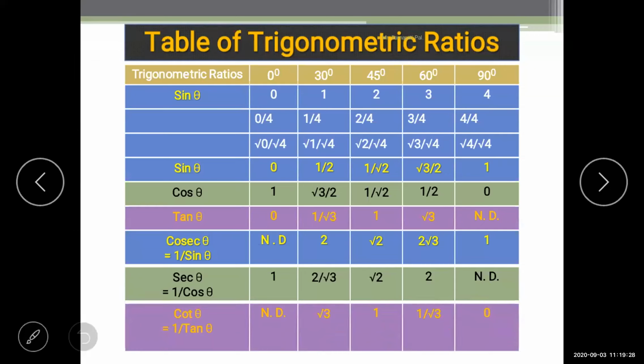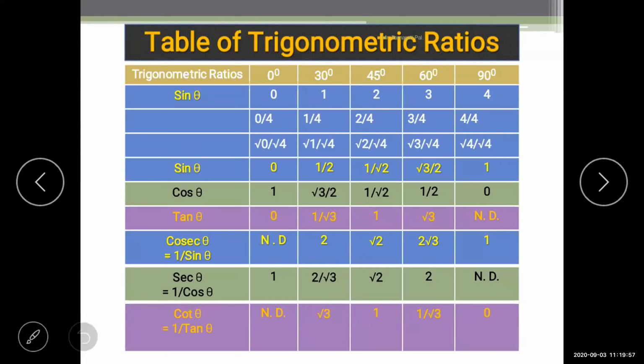So you are ready? First, reverse the tan. First of all, tan 0 degree means what? 0. That means 0 upon 1 is 0. And when you reverse 0 upon 1, it will become 1 upon 0. So 1 upon 0 is what? ND, that is not defined. Okay.